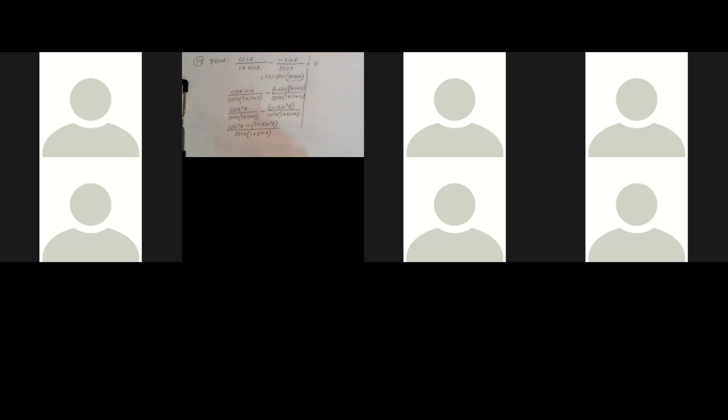Well, that's great, but we're still trying to show the left side is equal to 0 here. Still not convinced. Well, let's distribute this negative sign inside the parentheses here. So therefore, we'll have cosine squared x minus 1. The opposite of a negative sine squared x is plus sine squared x.